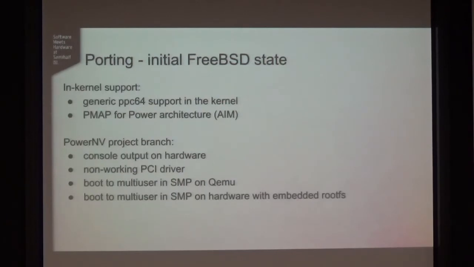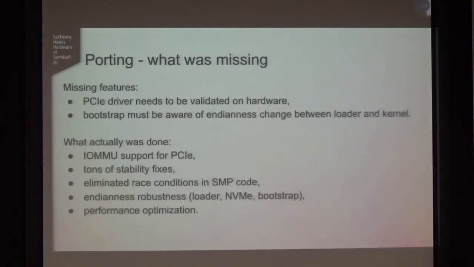So this is what the client also saw, and this is why he thinks it was 95% ready. The only missing features we identified at the very beginning were the missing PCIe driver, which makes the PCIe bus non-operational, and also some things which had to be changed in the FreeBSD loader to support mixed endianness configuration.